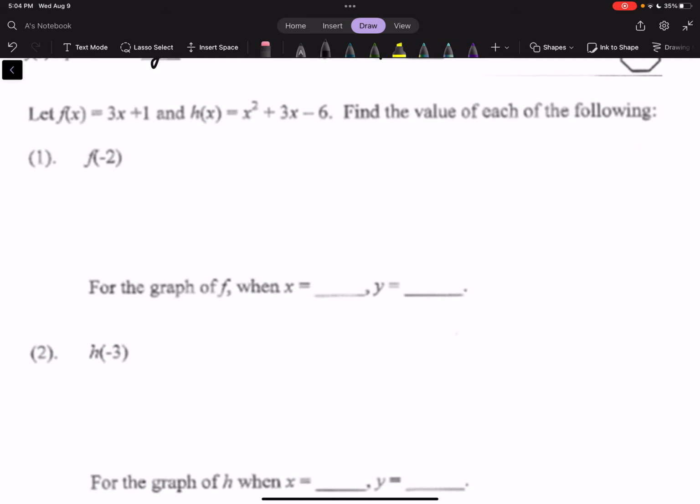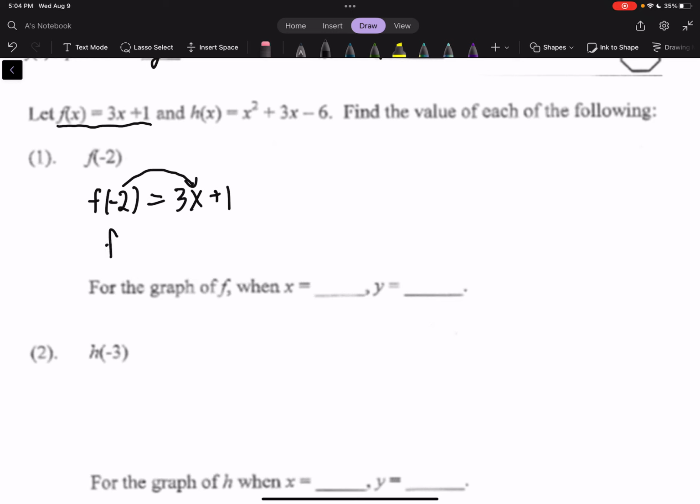Let f of x equal 3x plus 1 and h of x equal x squared plus 3x minus 6. Find the value for each of the following. f of negative 2. This is the f function. So f of negative 2 is equal to 3x plus 1. We're going to plug in the negative 2 for our x.